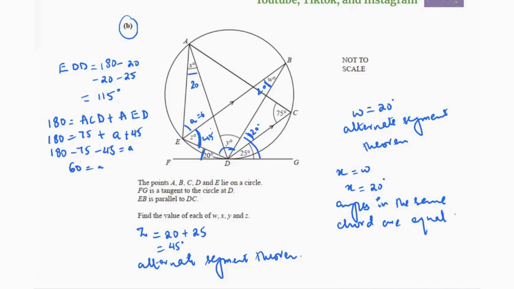So this is 60. Now using the alternate segment theorem, let me highlight it again. This triangle. Using the alternate segment theorem, this is the same as this. So 60 plus 45 is the same as Y plus 20 plus 25.